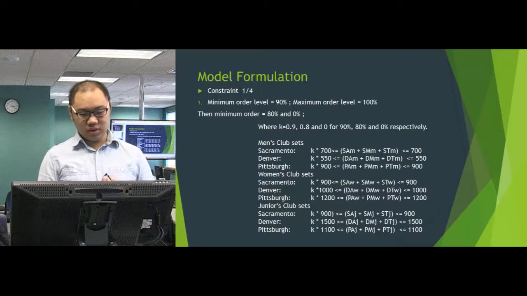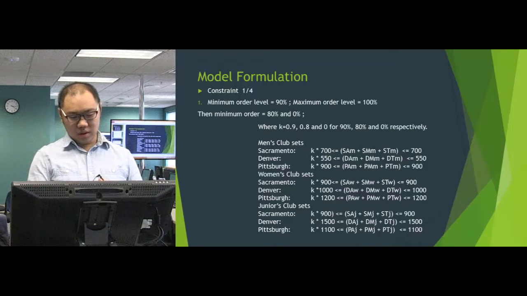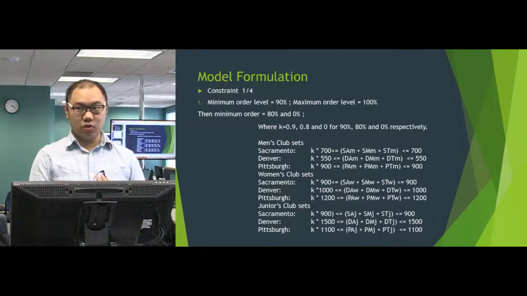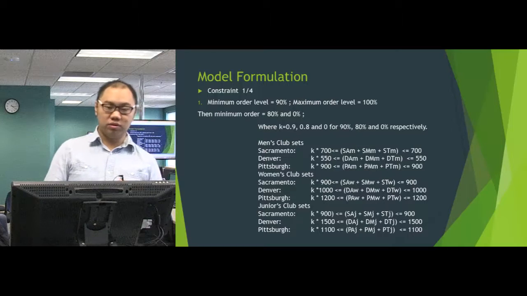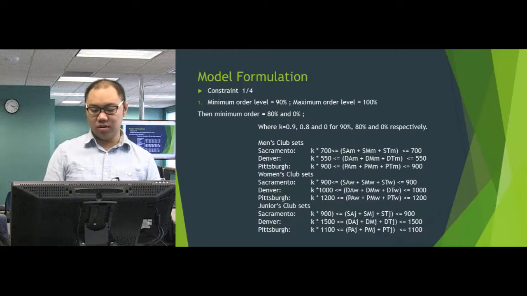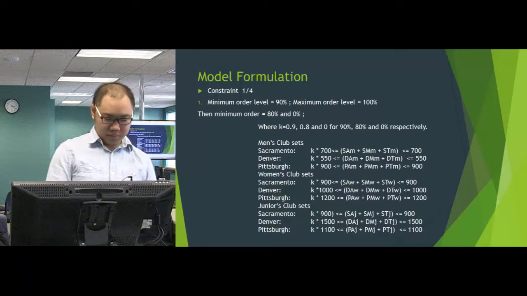This is our constraints. We use I to represent different constraints. 90% means in question 1 and question 2, 0% for question 3, and 80% for question 4.